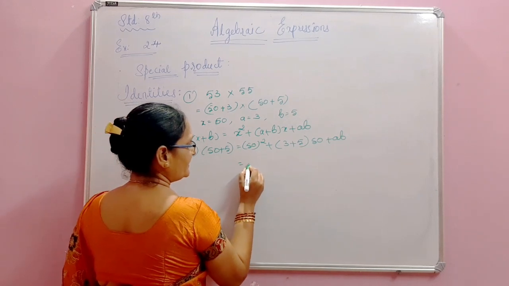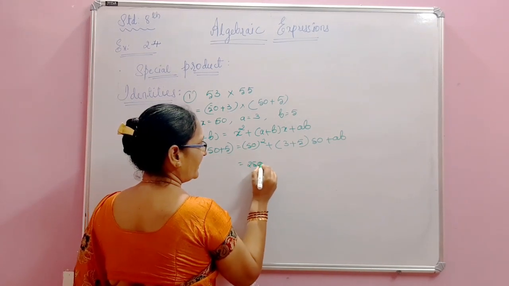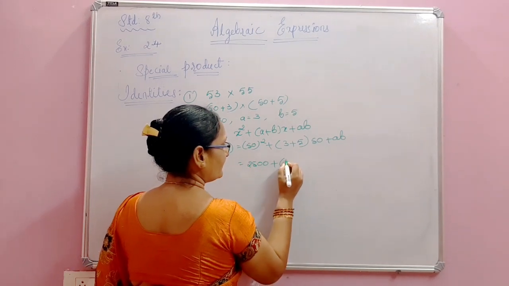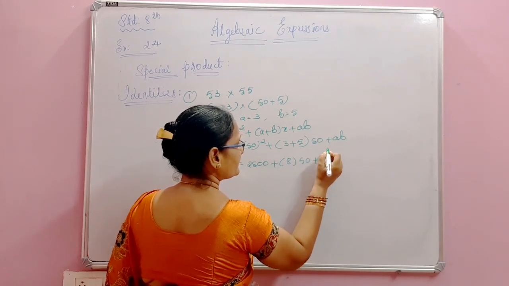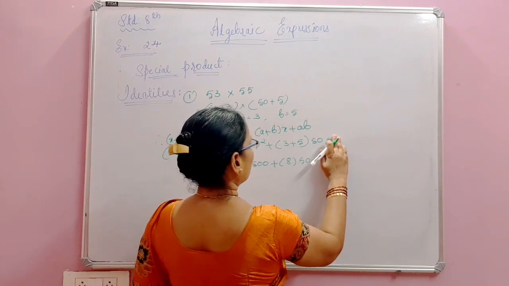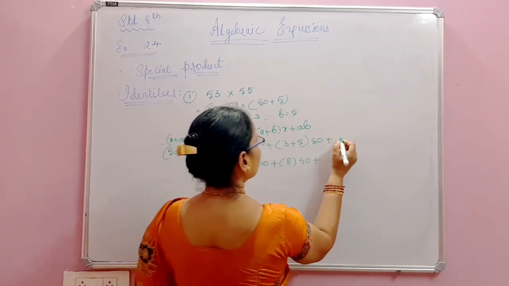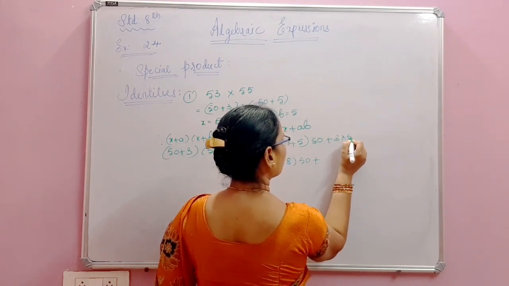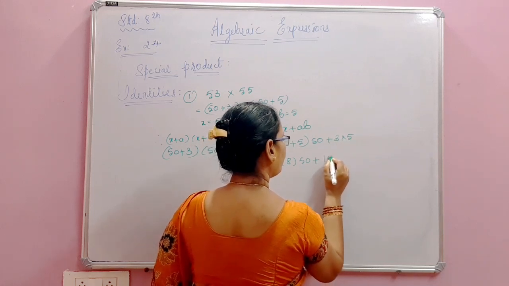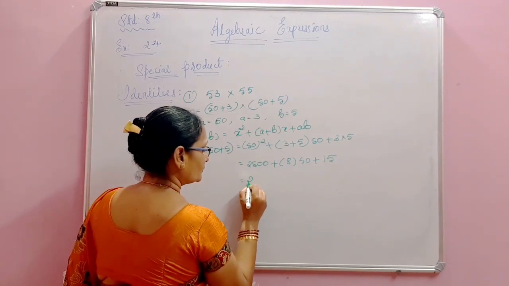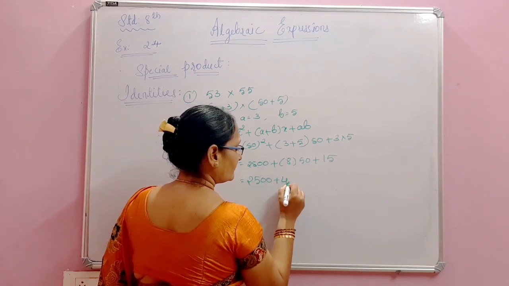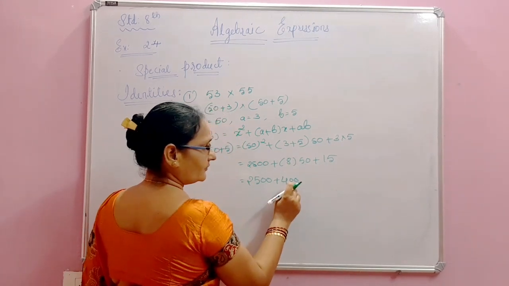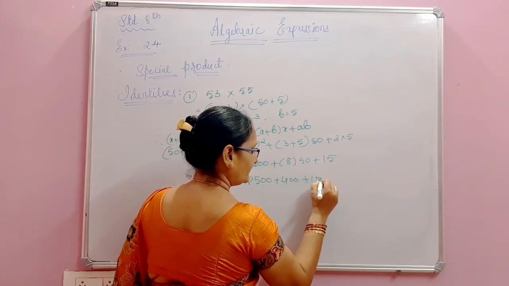Now 50 squared means 2500 plus 3 plus 5 is 8 into 50 plus, sorry, here not ab, what I must write here, 3 into 5, 3 fives are 15. So 2500 plus 400, 8 fifties is 400, plus 15.